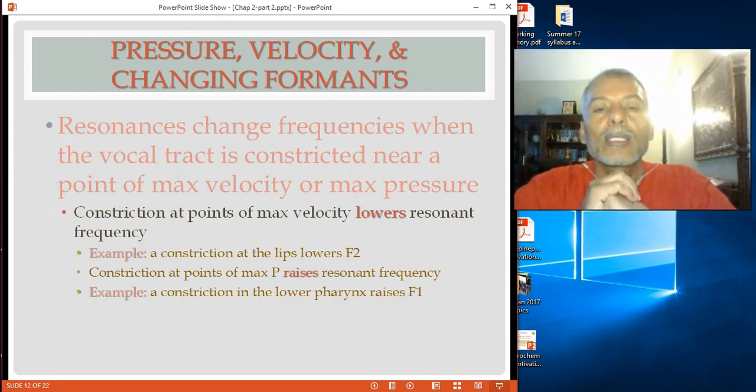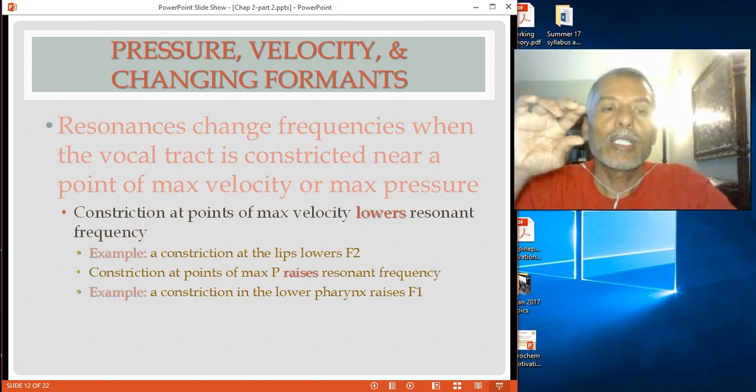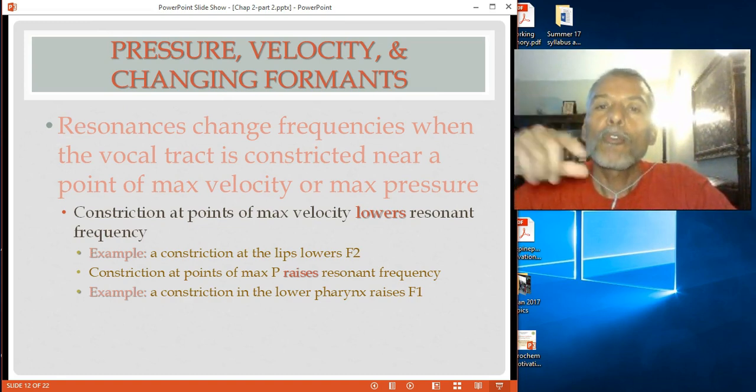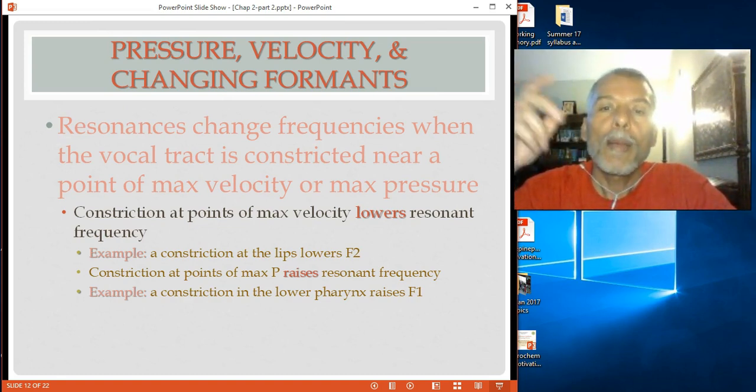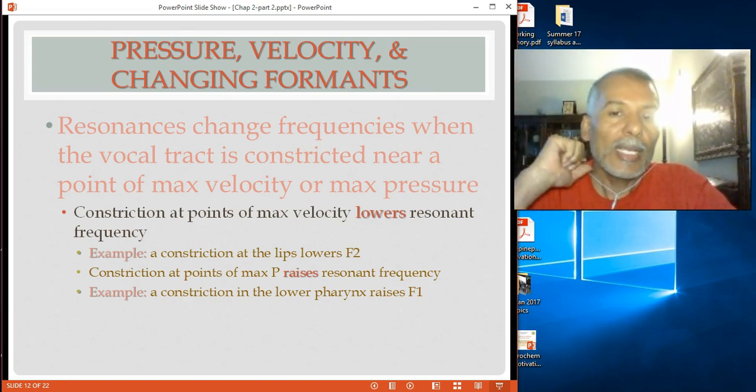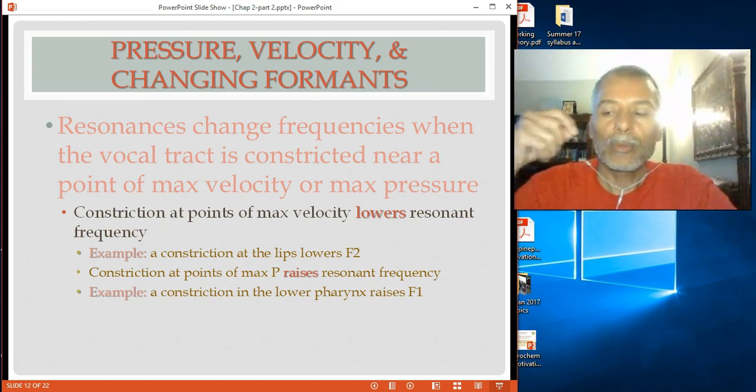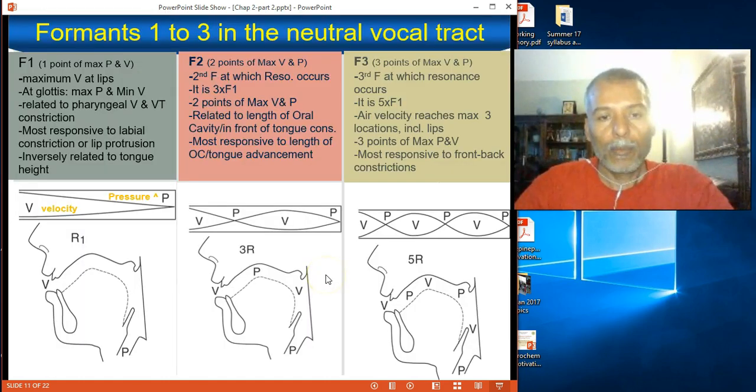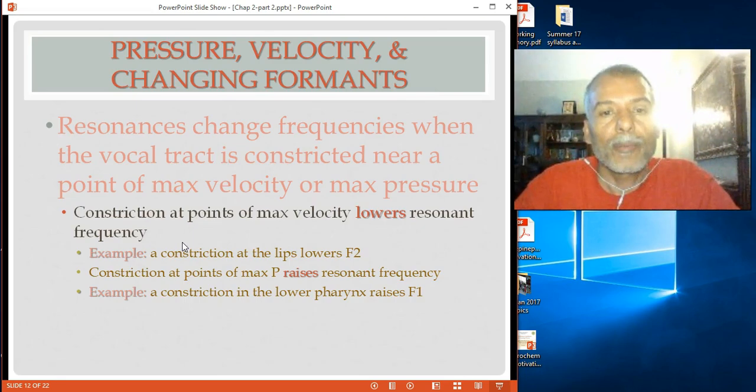So resonances change frequencies when the vocal tract is constricted near a point of maximum velocity or maximum pressure. Any place where you change these values is going to make resonances change.